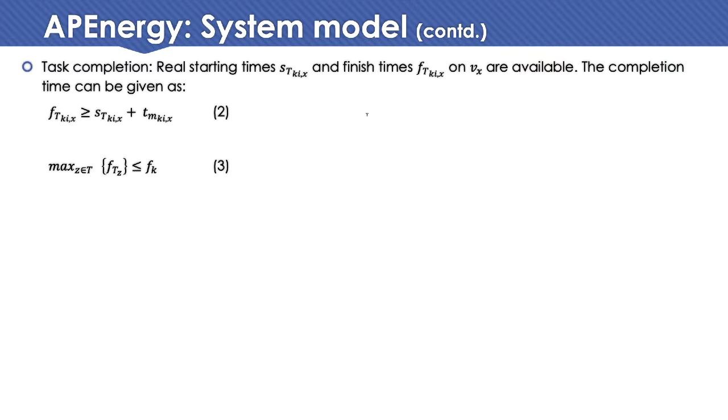The completion times can be given by equation 2, where Tm_k,i,x is the time to place a task in the VM. The actual finishing time of all tasks in a workflow can be given by equation 3, where we maximize the actual completion times of all the tasks in the workflow W_k.